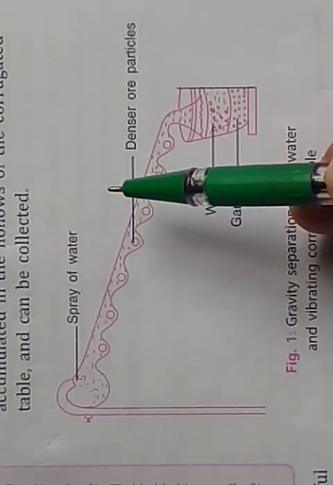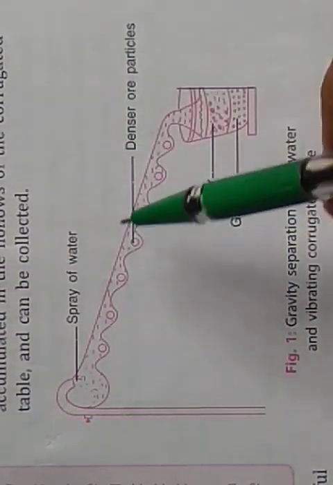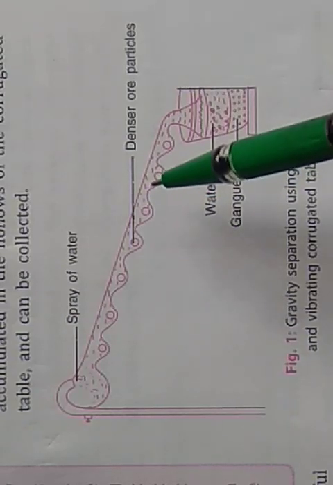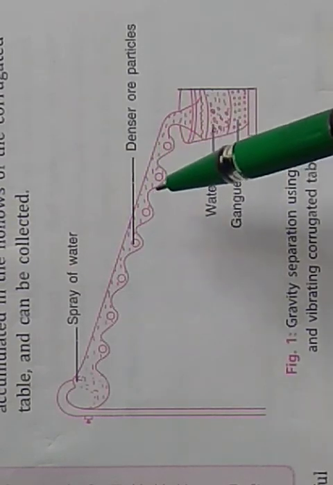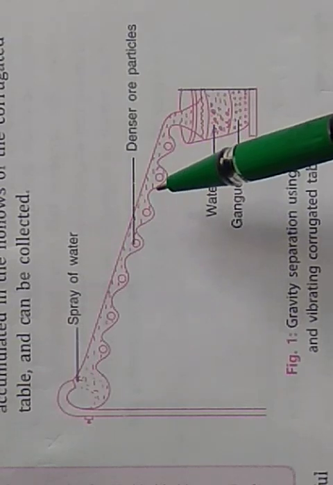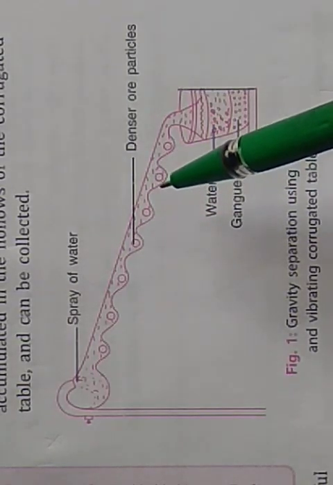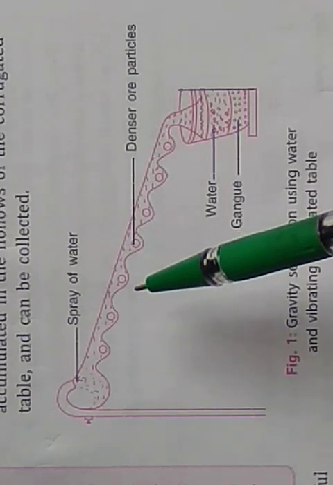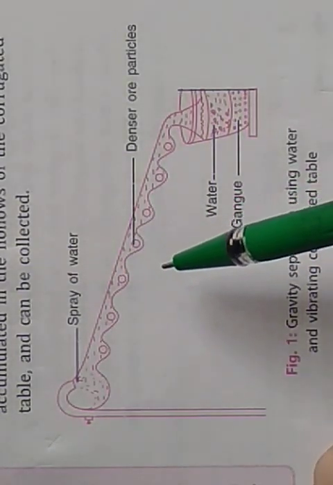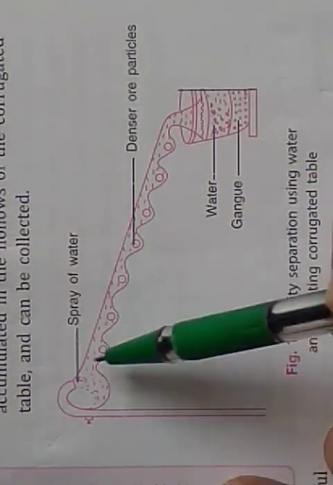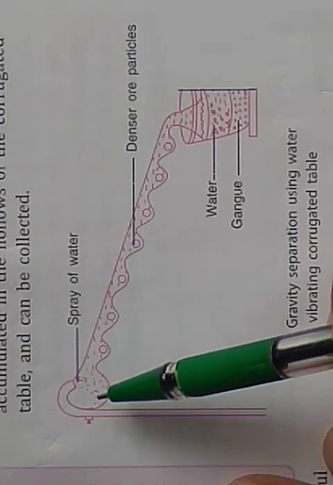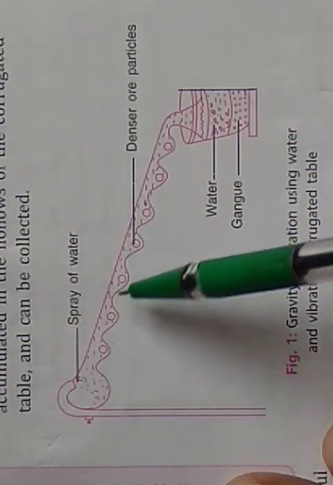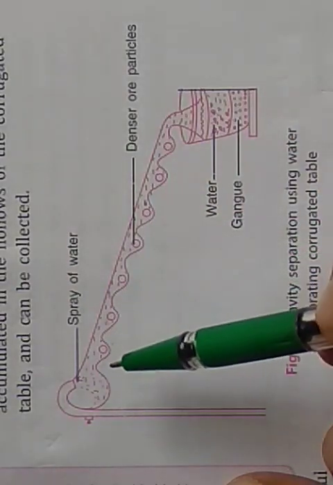The gravity separation method is used if there is a difference between the density of the ore and the density of the gangue, that means one is heavier and the other is lighter. First, we place the crushed ore on a corrugated vibrating table. Corrugated means ridged, vibrating means to-and-fro movement.